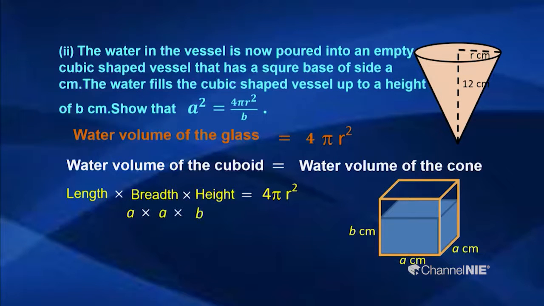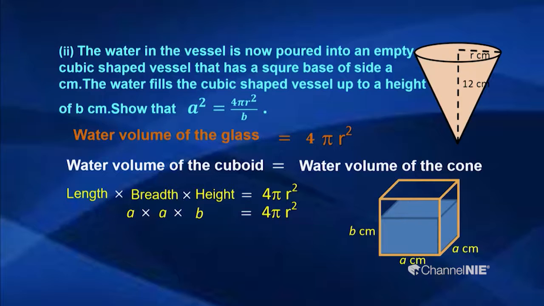Now look at this, the length of that cube is a, breadth also a, and height is b. Here we take the height of the water level, not the height of the cube, right. We consider the height of the water level as b, and it is equal to 4 pi r squared.